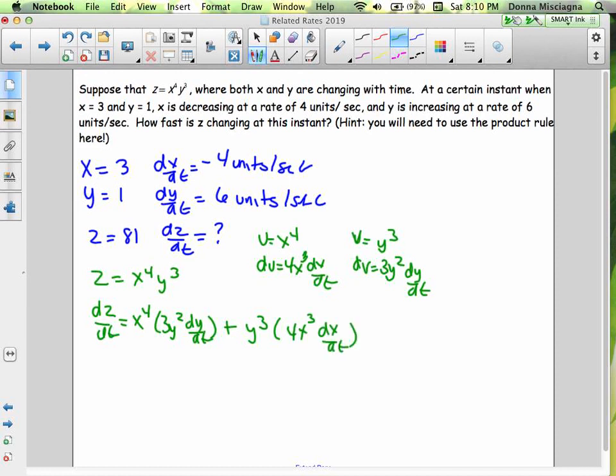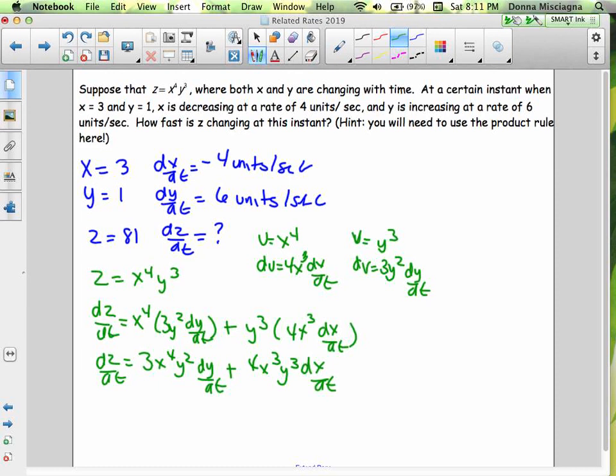Let's clean this up: dz dt equals 3x to the fourth y squared dy dt plus 4x cubed y cubed dx dt. Just put them in alphabetical order.